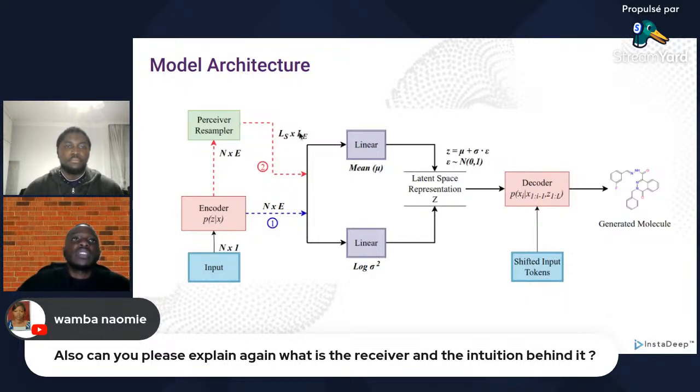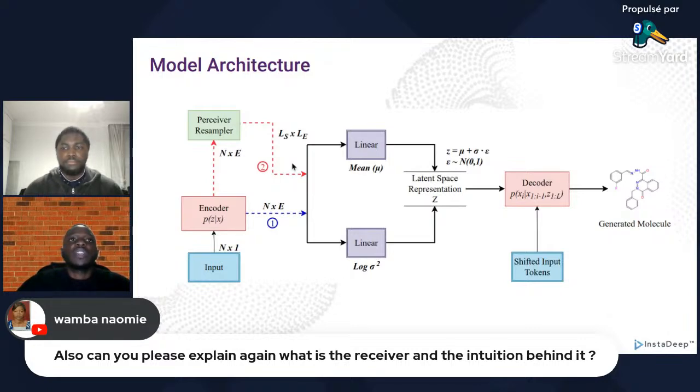So the idea for us testing this perceiver is that, as I was saying, in future work we want this input to be protein information, and we'll be using a protein encoder, in this case the ESM model from Meta. That ESM model will have output embeddings with the dimension for which it was trained. So we need a perceiver layer that maps it to the dimension for which our molecular generation model was trained.